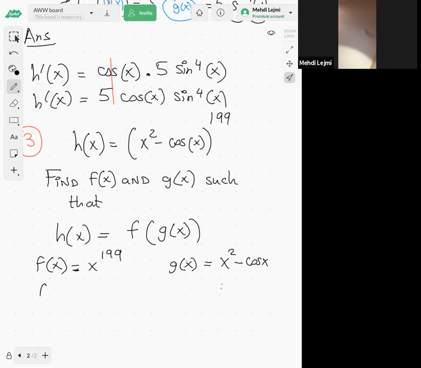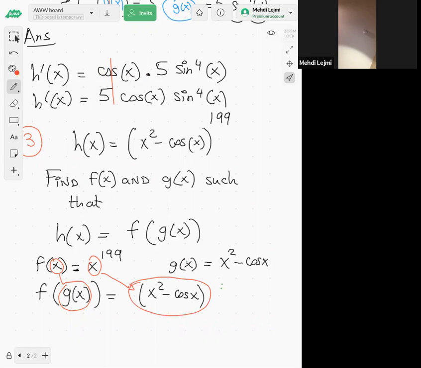if you substitute this x here by g of x, here's my g of x, x squared minus cosine of x, and this is my x.